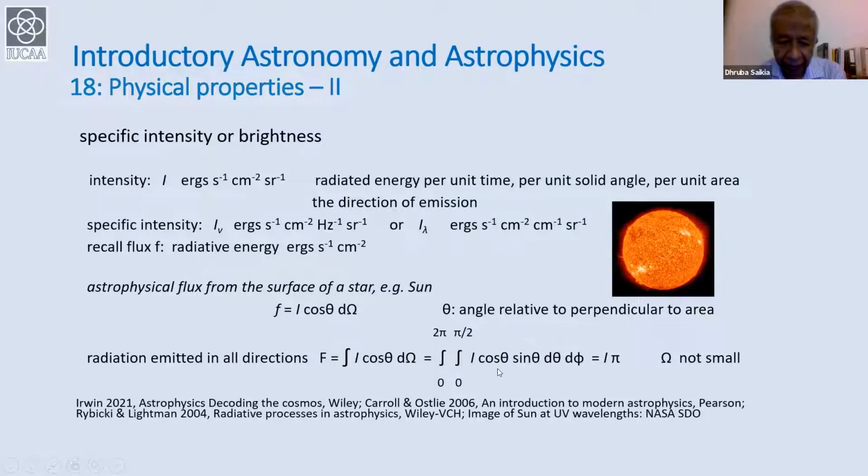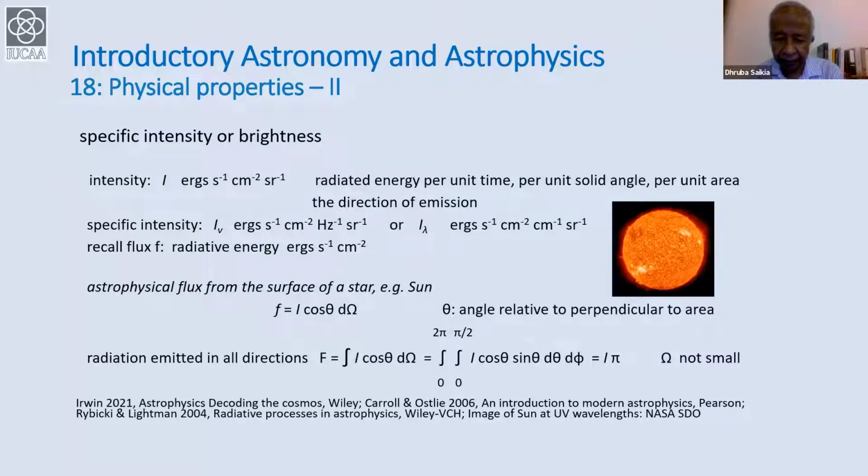So if you integrate this out, assuming I to be uniform, you'll get the flux emitted from the surface of a star equal to I, the intensity, times pi. You can express cos theta sin theta in terms of sin 2 theta, and then integrate it out.